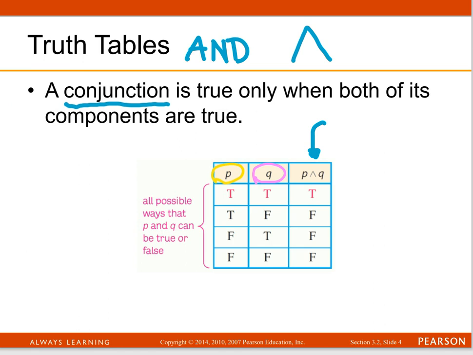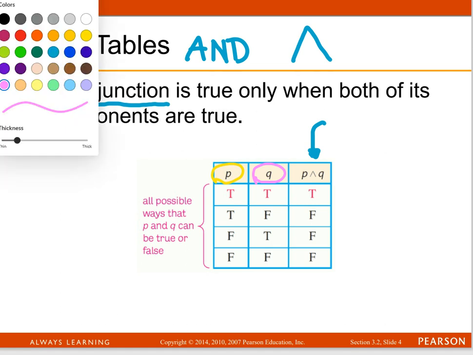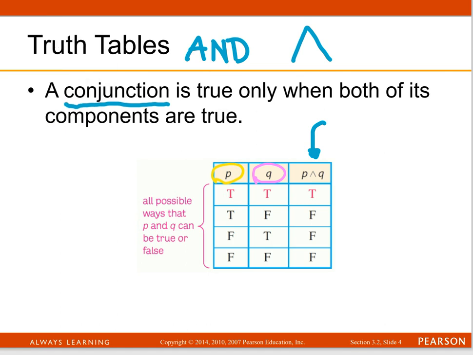Now, there's actually going to be 4 rows to this, because you can have either both of your statements true, or both of your statements false, or the first one can be true and the second one can be false, or the first one can be false and the second one can be true.